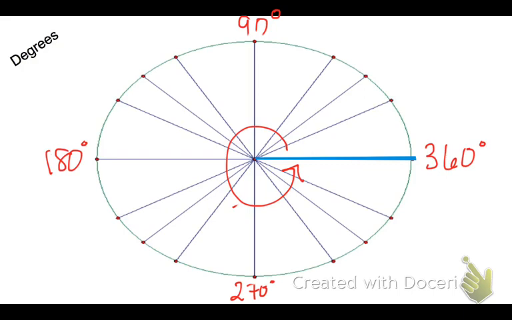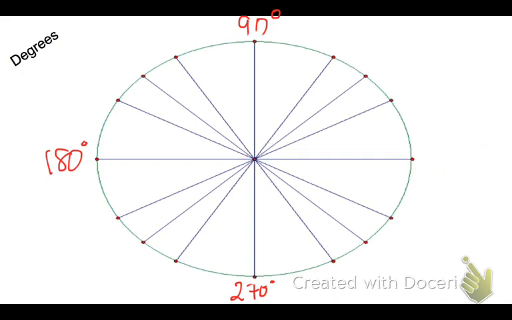Now, if I didn't move at all, if I started at the positive x-axis and ended at the positive x-axis and did not go around at all, how many degrees did I move? 0. That's right. So 0 degrees has a coterminal angle that we talked about yesterday.